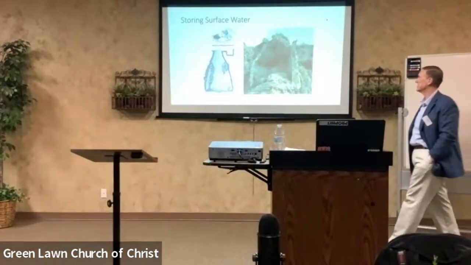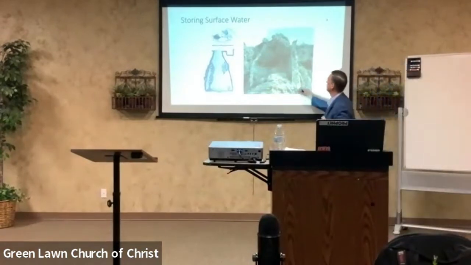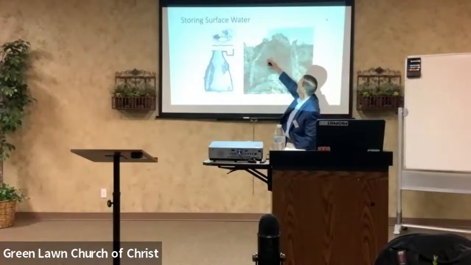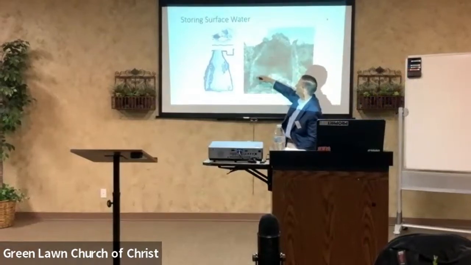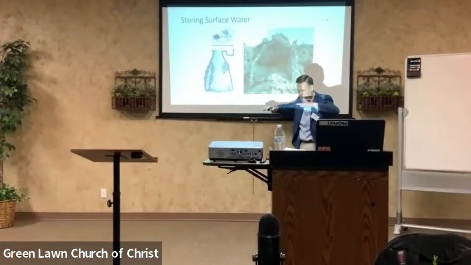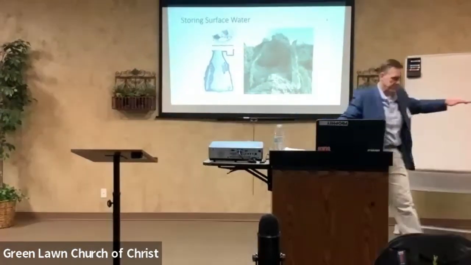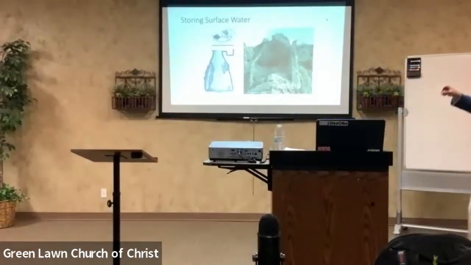Now, here's a cistern that happens to be broken. What they would do is they would dig down into the ground itself, into this limestone. So you've got these layers of limestone, particularly in the Judean Hill Country, and you dig down into there, and you've got a place for water to be held.